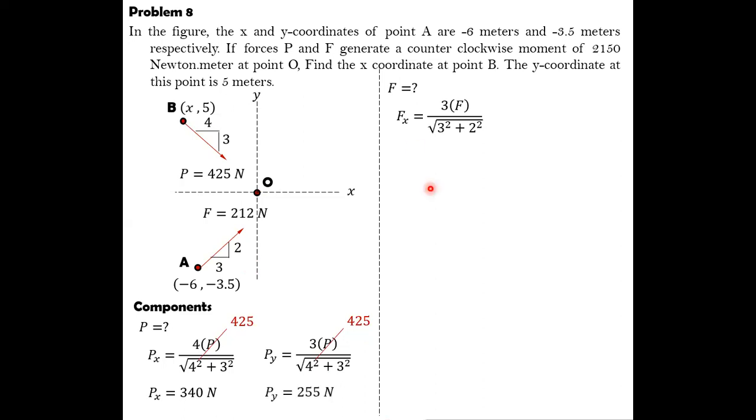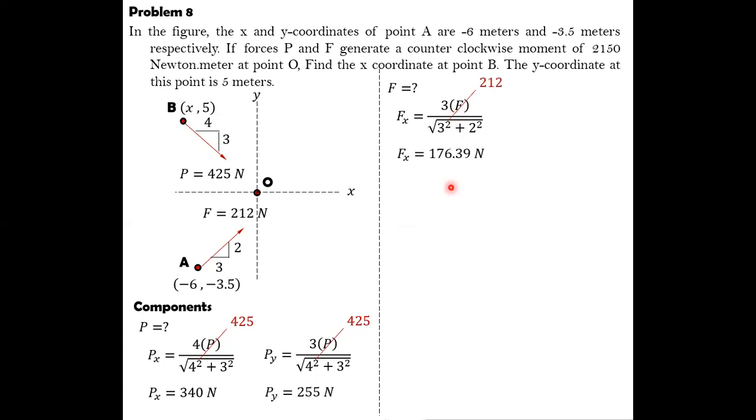Okay, so to compute the x component, ratio and proportion, so x component of the slope, which is 3, multiplied by F divided by the hypotenuse side of the slope, which is again computed using Pythagorean theorem, or square root of 3 squared plus 2 squared. Substitute the magnitude of F, which is 212.